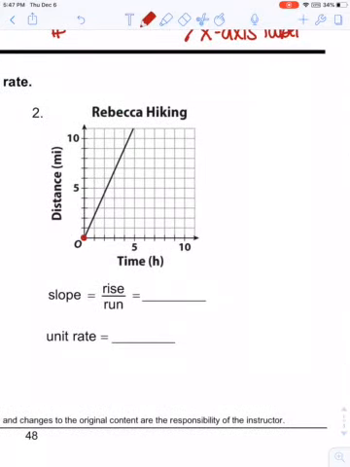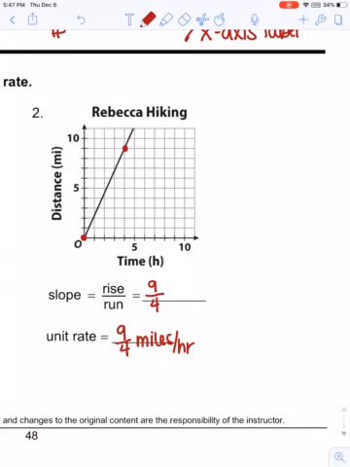Now let's look at Rebecca. Our first point's going to be the origin. Our second, we're going to follow along the line until it crosses perfectly evenly right here. We're going to write our rise, which is 9, and our run, which is 4. And then I can write that as 9/4 miles per hour.